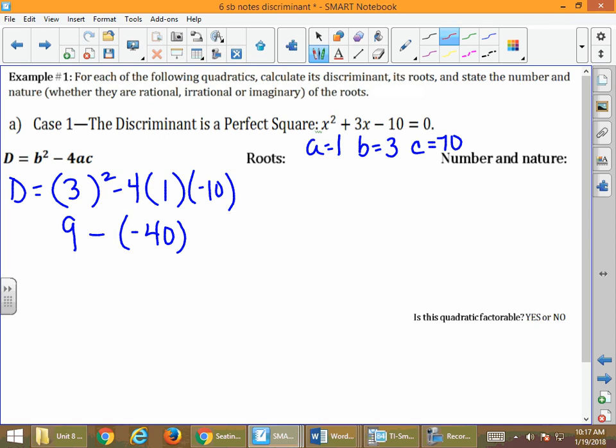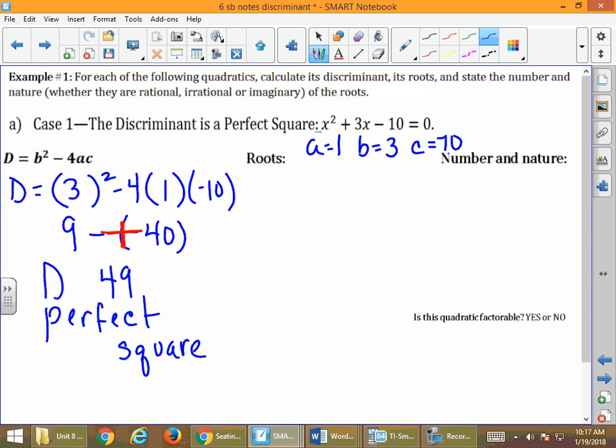Double negative gives us a positive. 9 plus 40, 49. Once again, what I want to point out to you in this specific case is that 49 is a perfect square.